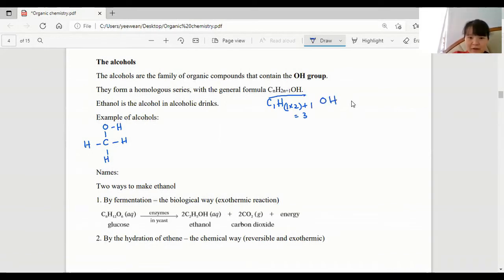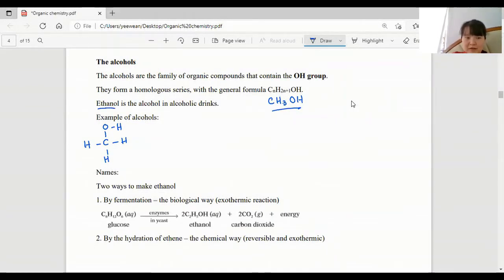So that's what we have here. C, 3 hydrogens, and then OH. There we have the methanol here.